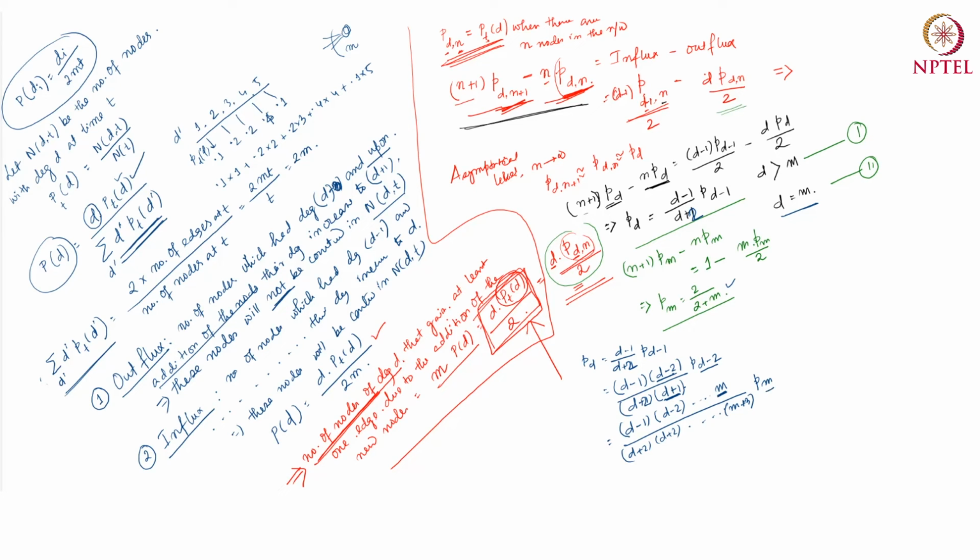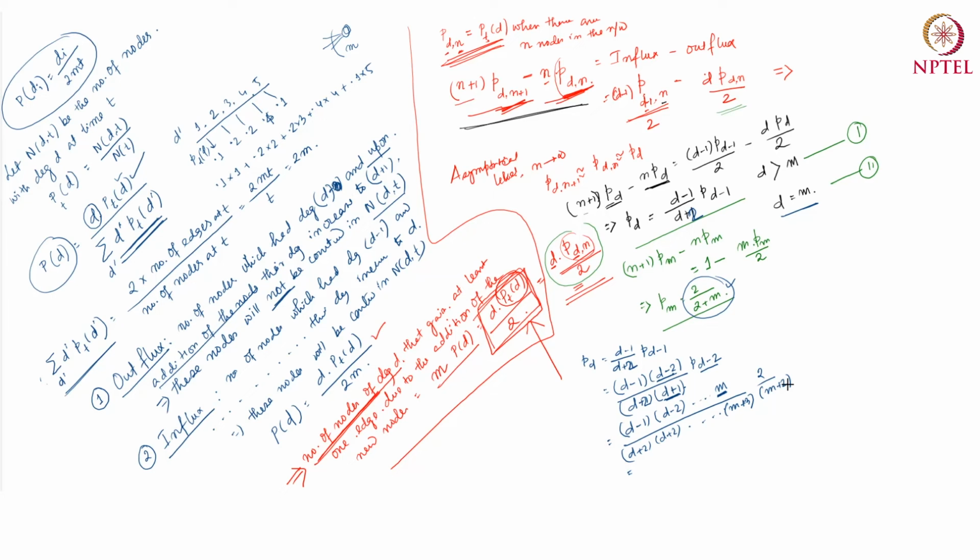This is m, this is m. So now we'll replace pm by this one, so we'll have 2 by m plus 2.